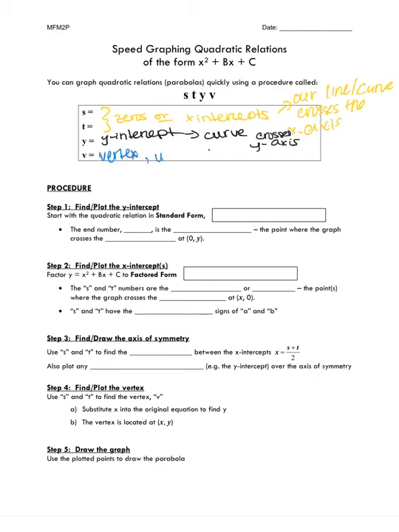So where we switch direction, so our highest or our lowest point. And that's the highest or the lowest point on our graph.